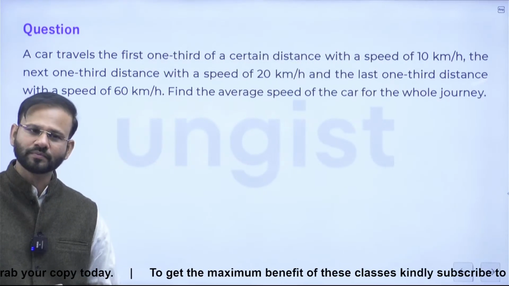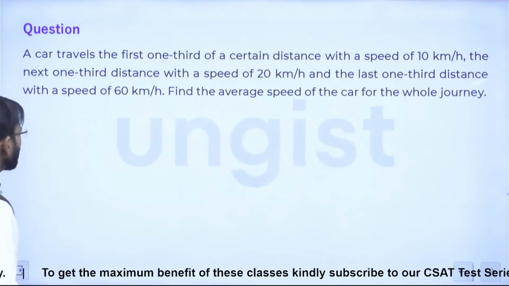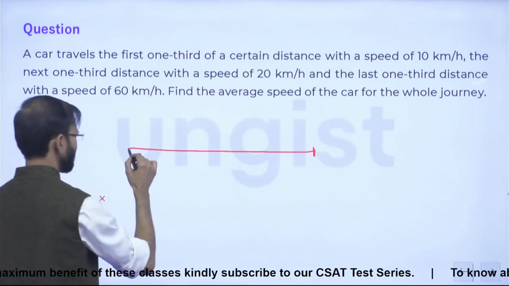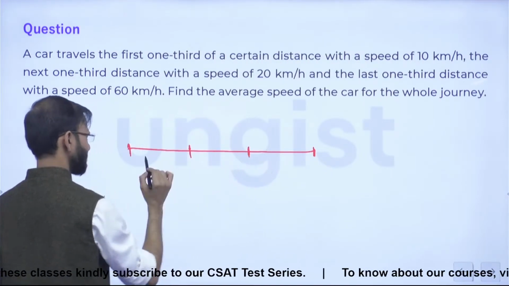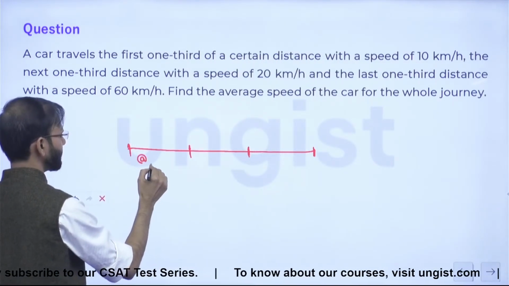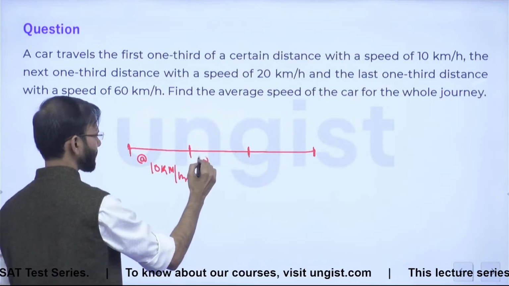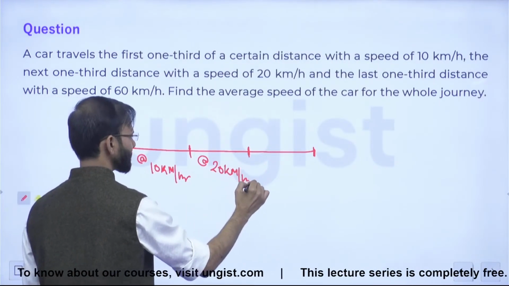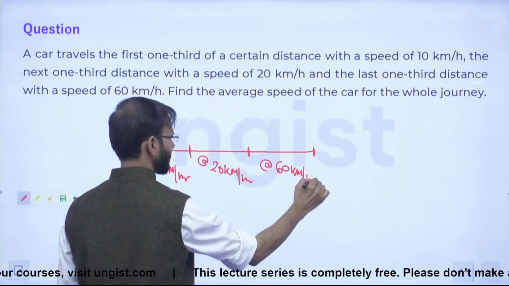देखिए, the question is saying, a car travelled first 1/3 of the total distance at the rate of 10 km/h, and then 20, and then 60, right?